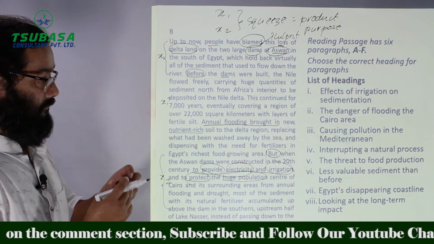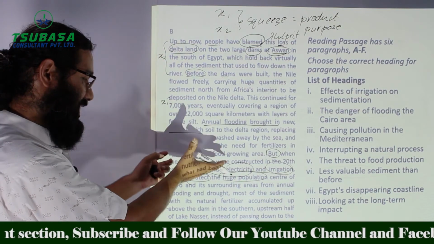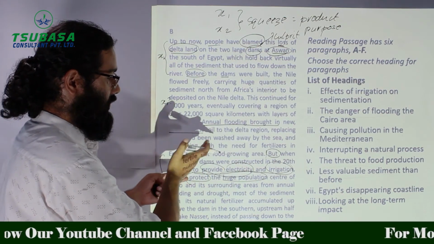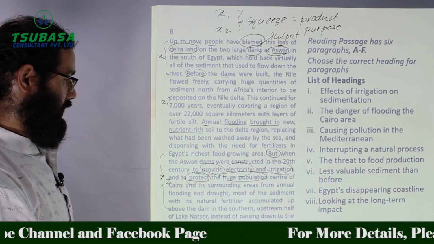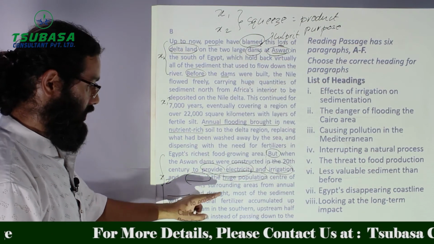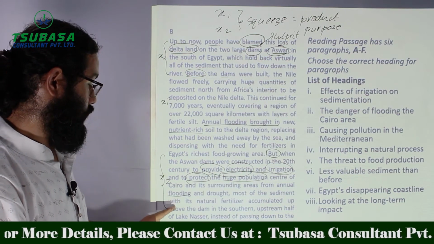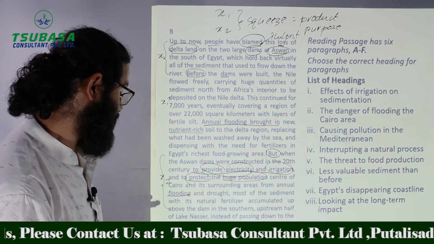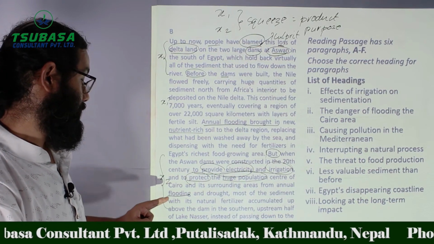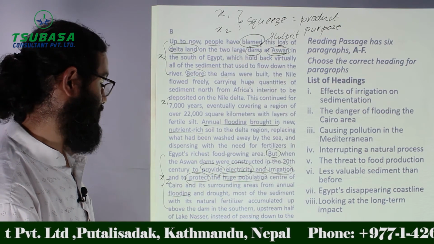So that means the purpose of a dam was to provide electricity, irrigation, protect the huge population, and to prevent flooding and drought. Most of the sediment with its natural fertilizer accumulated up above the dam in the southern upstream half of Lake Nasser instead of passing down to the delta.